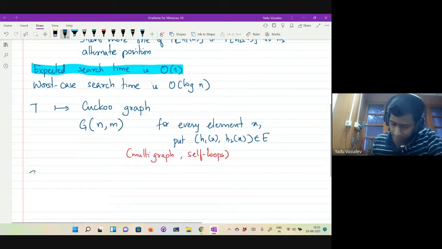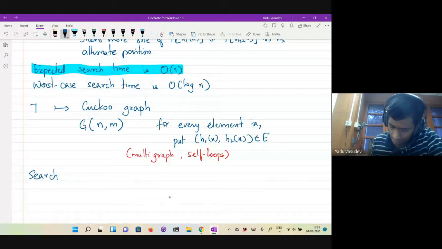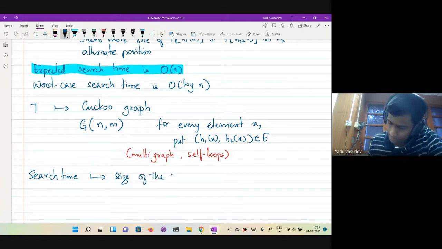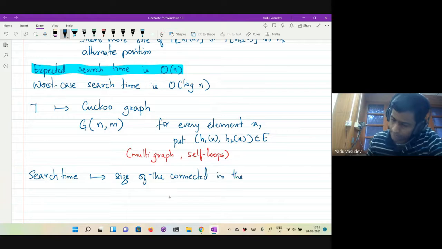Searching would amount to looking at connected components in this graph. So the search time is related to the size of the connected components in the cuckoo graph, correct?